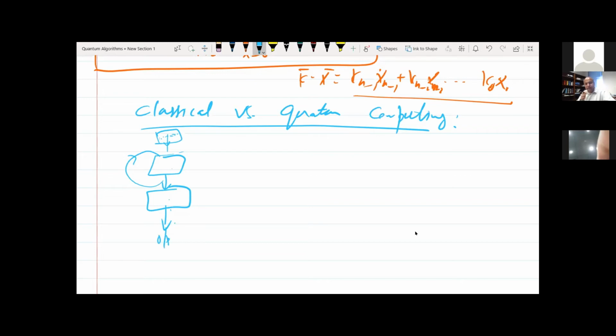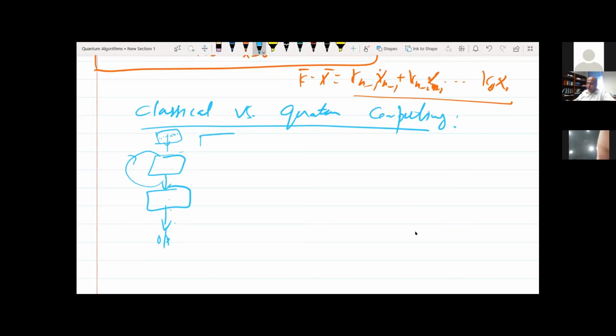So we have a sequence of certain steps that are operating on this register of bits that we have. And at one time, this register holds one value at a time.